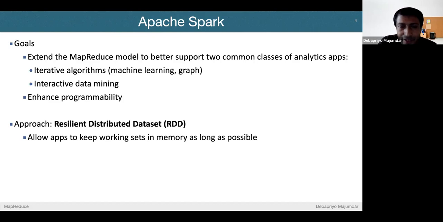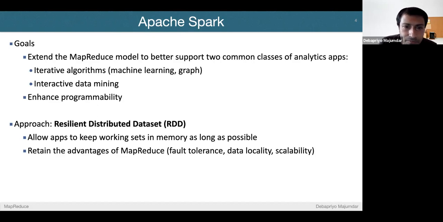So a lot of the time we can use more memory, and with vanilla MapReduce we are not using memory at all. That's where we can improve. But we want to retain all the advantages of MapReduce, like fault tolerance, data locality, and scalability. Essentially, the shift will be usability and memory efficiency.